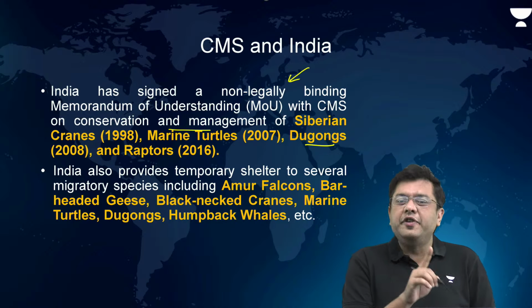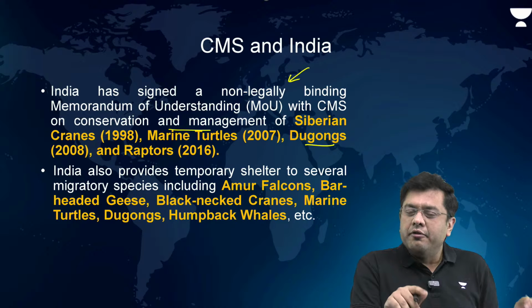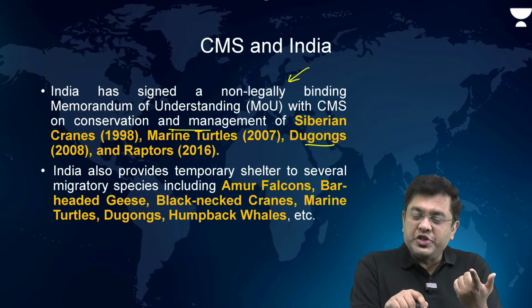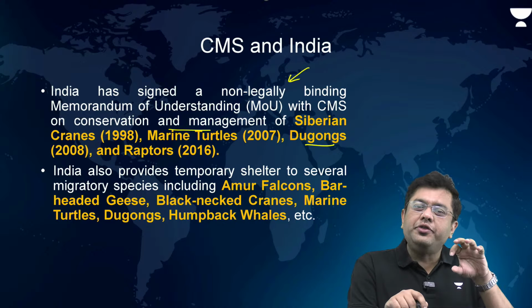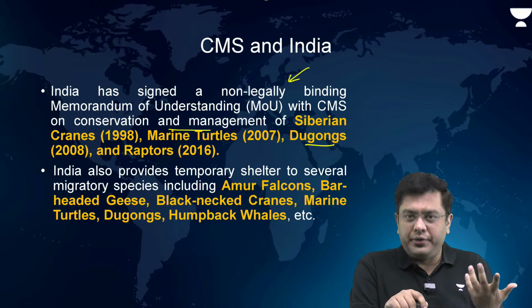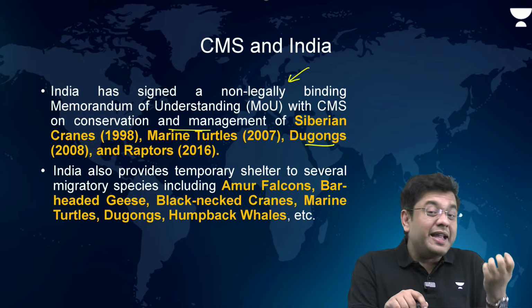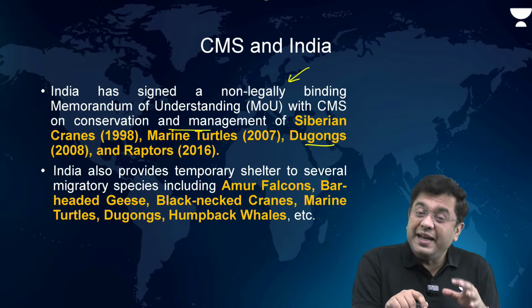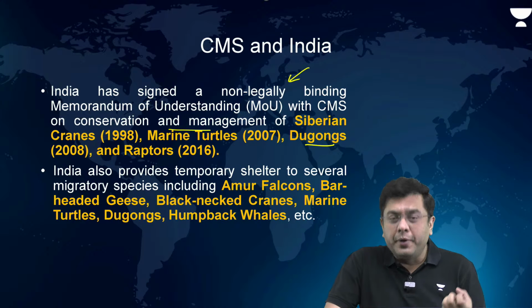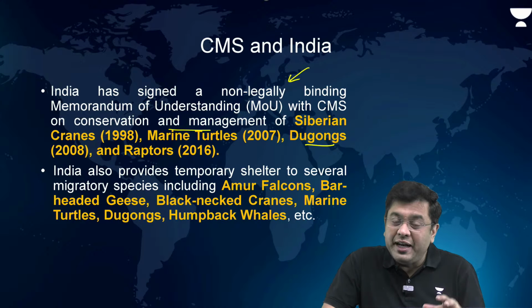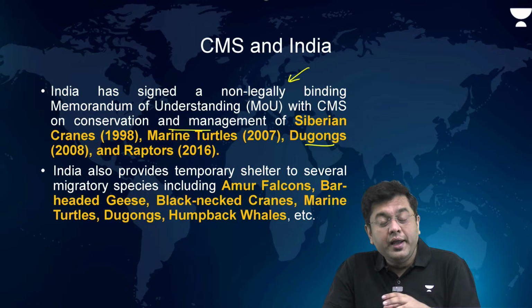And one mistake which many of the candidates make, when they think about migratory species, they always end up believing that the migratory species are going to be only birds or avian species. That is not the case. The marine species migrate over large distances in order to reproduce, in order to get availability and accessibility to food requirements.